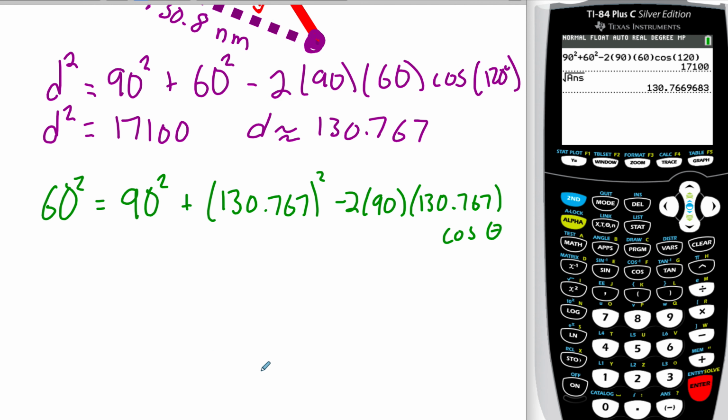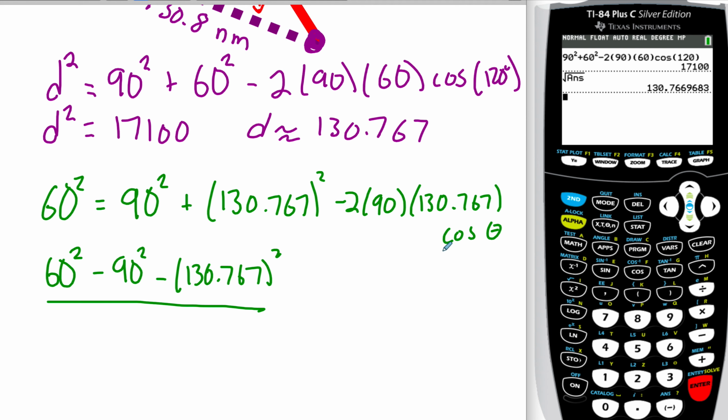As we've seen in the law of cosines packet, when I solve for theta, I just need to get everything off by itself. So first I'll subtract these two, and then I'll divide because these are being multiplied by cosine: negative 2 times 90 times 130.767.